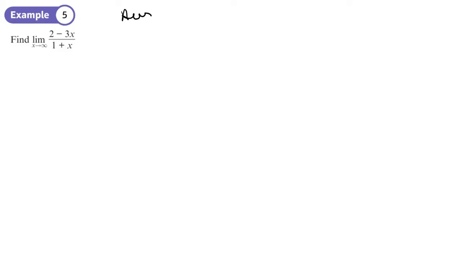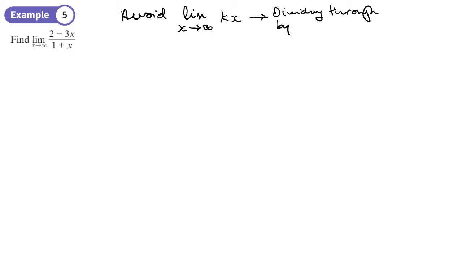You want to avoid things like the limit, particularly when x tends to infinity, of something times x, not a multiple of x. And the way that we can avoid that is by dividing everything through by x. So we're going to do that.